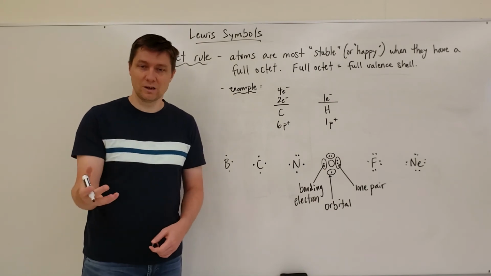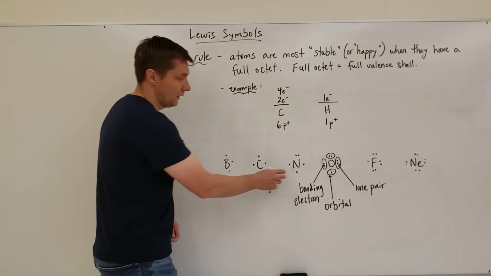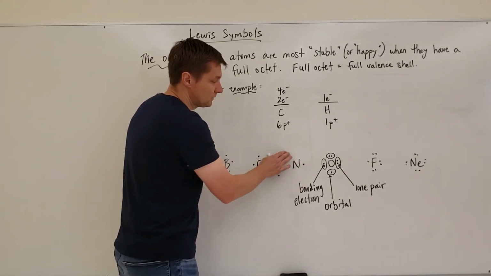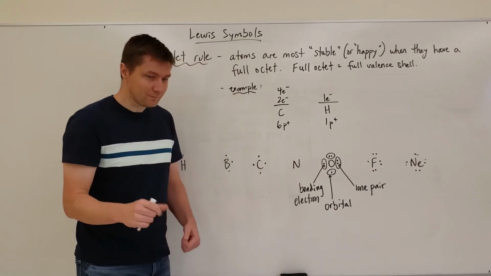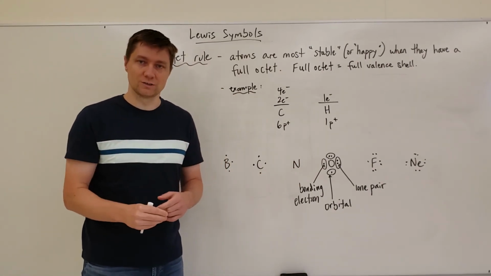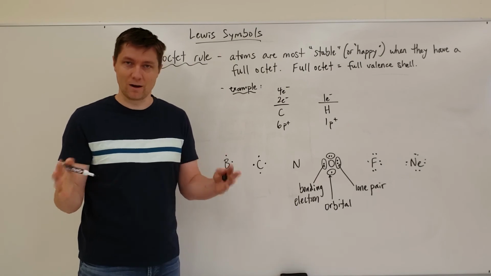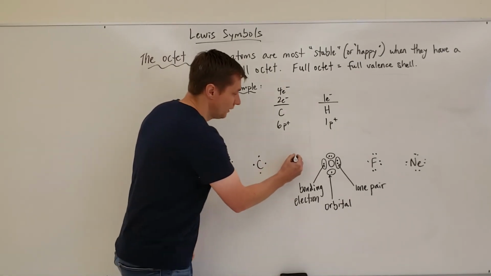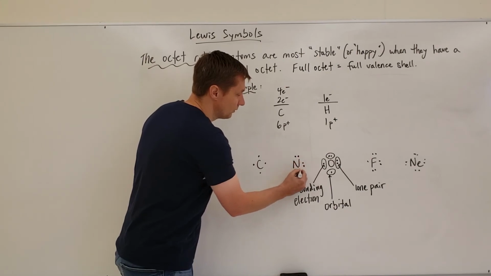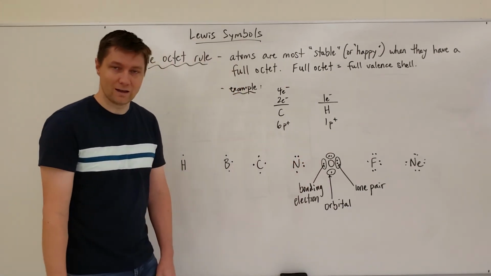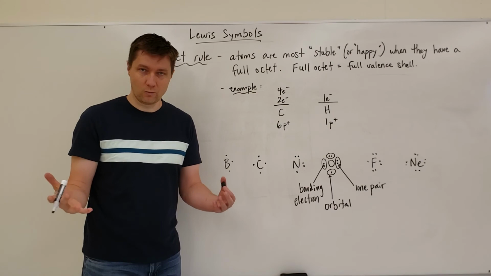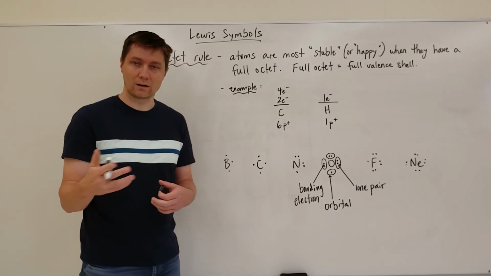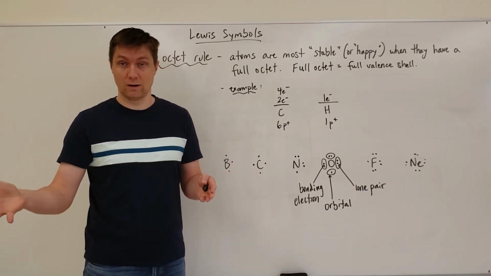Now, something you need to be careful about is that sometimes kids will want to just throw the electrons in, and they like to put them in pairs right off the bat. And so if we go with nitrogen, for example, that's got 5, you can see that kids sometimes would go like this. 1, 2, 3, 4, 5. And that's not right because it doesn't give us the correct number of bonding electrons and the correct number of lone pairs.